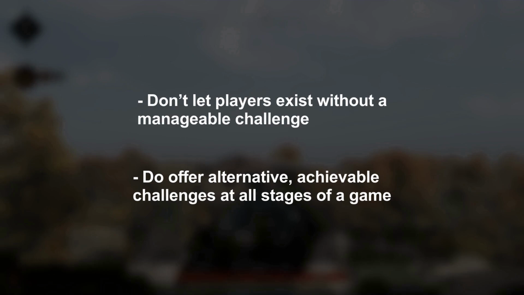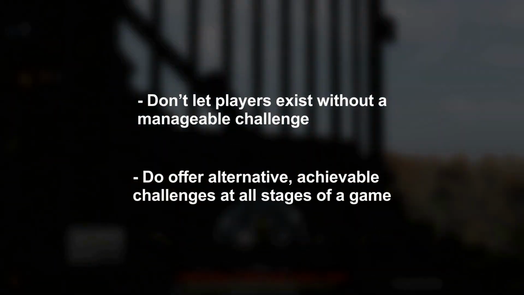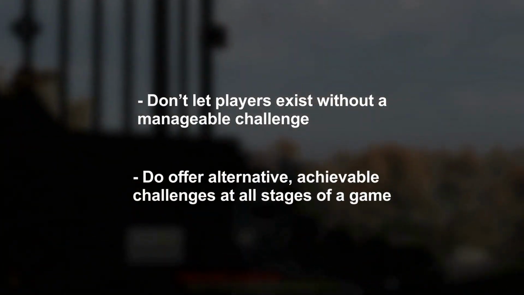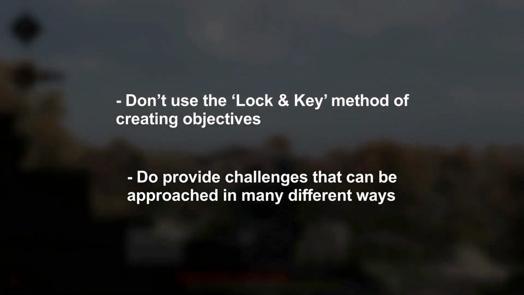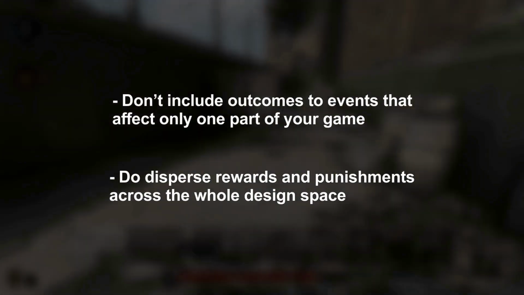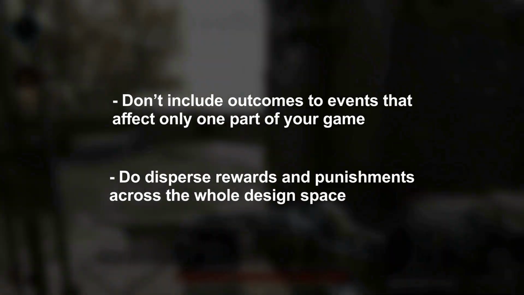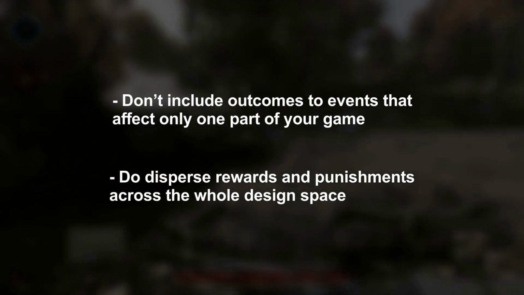Number 3, don't let players exist without manageable challenges, and do offer alternative achievable challenges at all stages of the game. Number 4, don't use the lock and key method of creating goals, and do provide challenges that can be approached in many different ways. Number 5, don't include outcomes to events that only affect one part of your game. Do disperse rewards and punishments across the whole design space of your game.